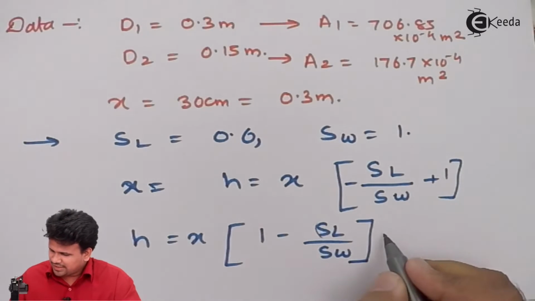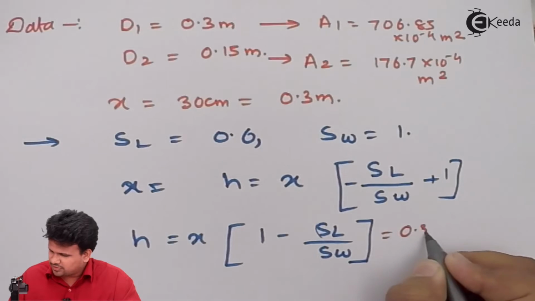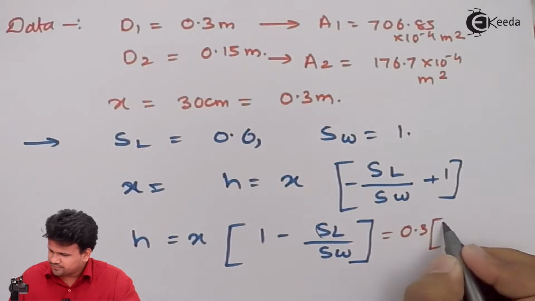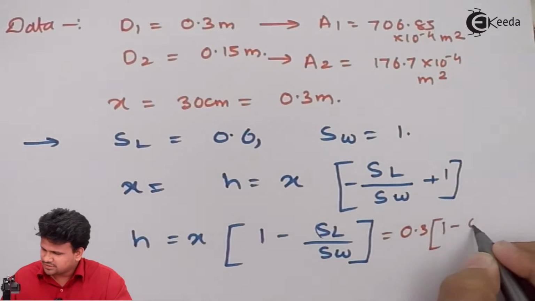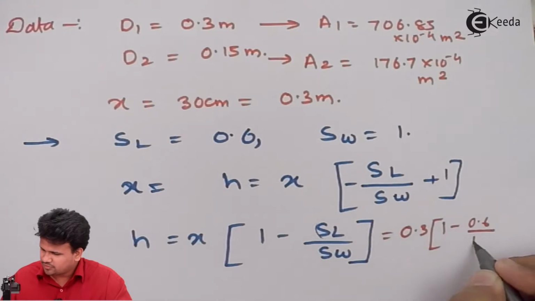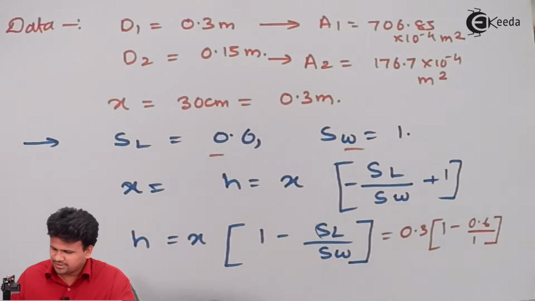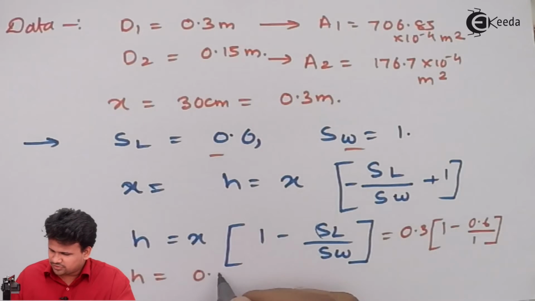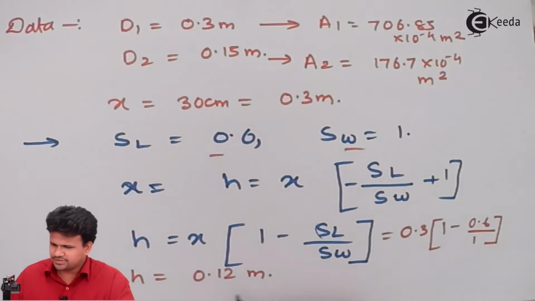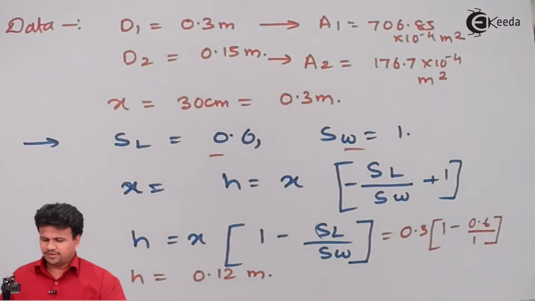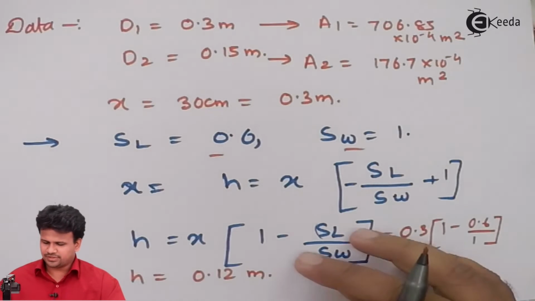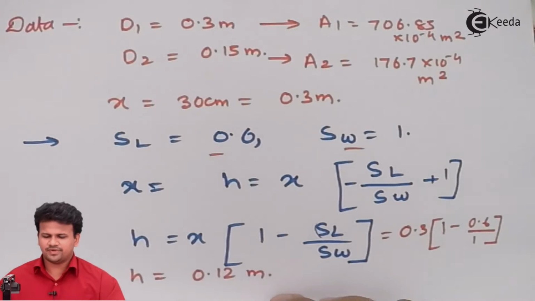So on calculation, this is 0.3 into 1 minus 0.6 upon 1. So H comes out to be 0.12 meters or 12 centimeters. So we have calculated the value of H.